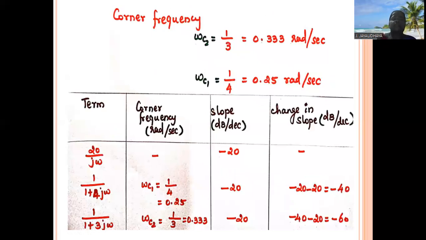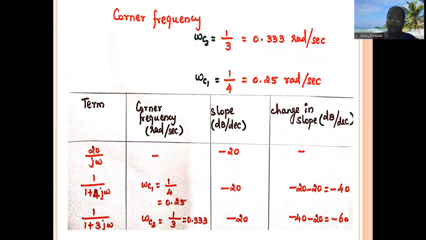The next very important thing: when moving to the Bode plot, you have to draw two plots, one is the magnitude plot and another is the phase plot. For both plots, the x-axis remains the same, which is omega, the frequency value. Only the y-axis varies between the magnitude plot and the phase plot.